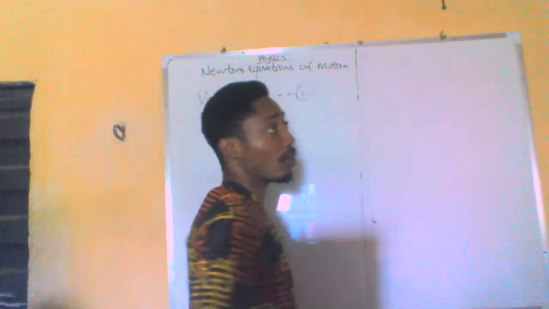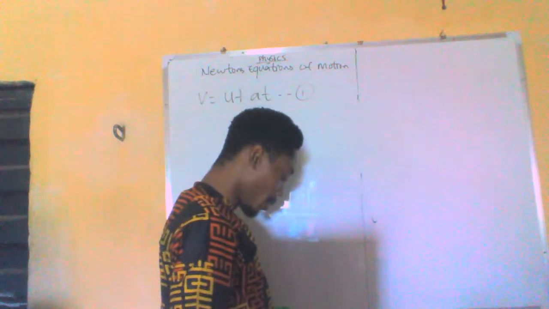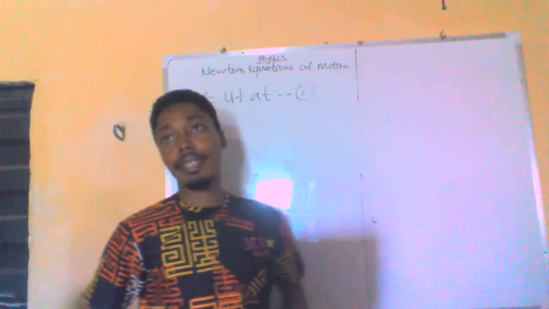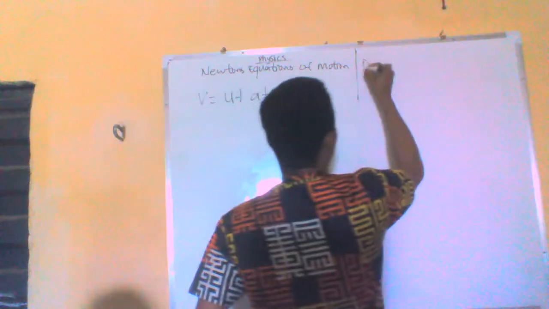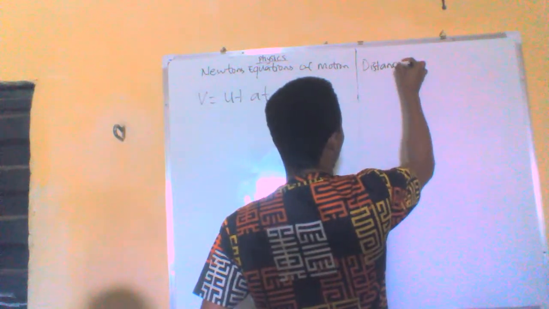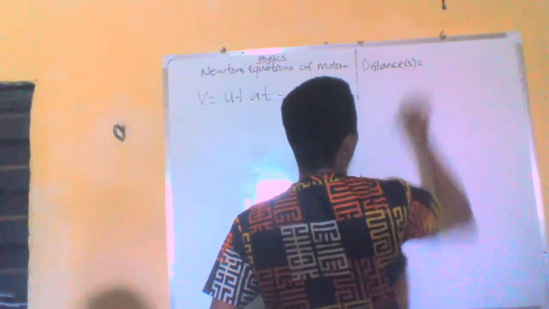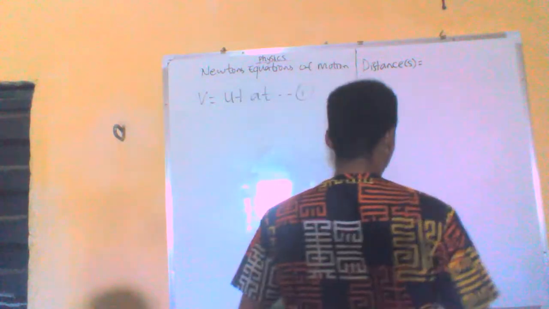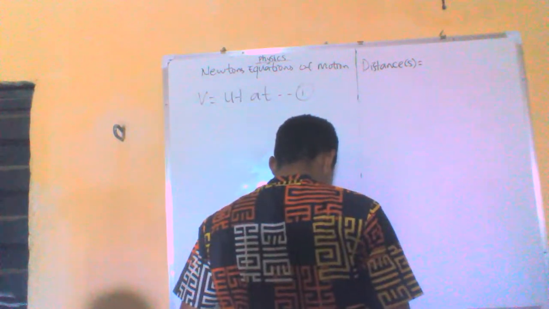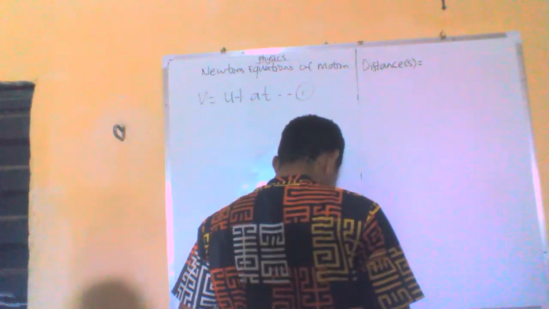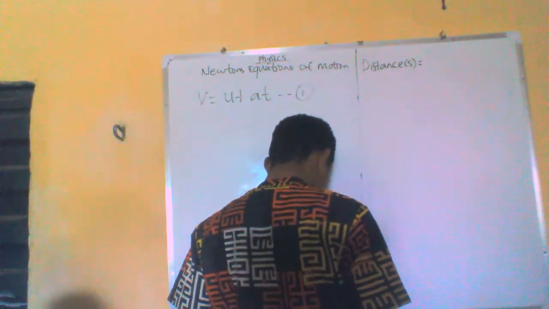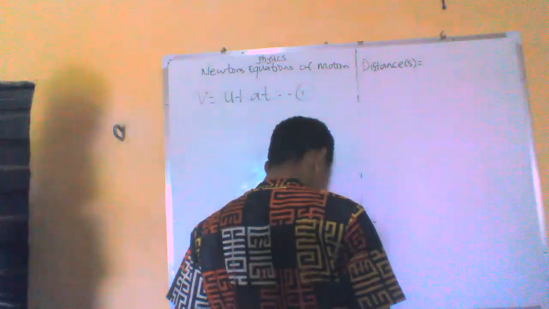In the second equation of motion, it's important that we note that the distance s covered by a uniformly accelerated motion is given as average velocity times time.